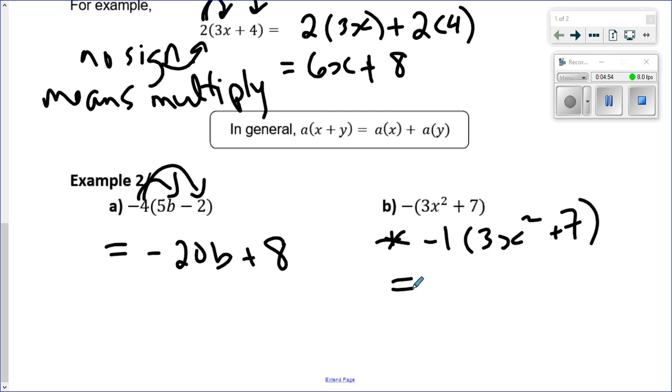So when we expand it, we're multiplying -1 times 3x squared, and we're doing -1 times 7. So we're still following the same method as we did in part A, but we have to make that connection that that negative sign means -1.